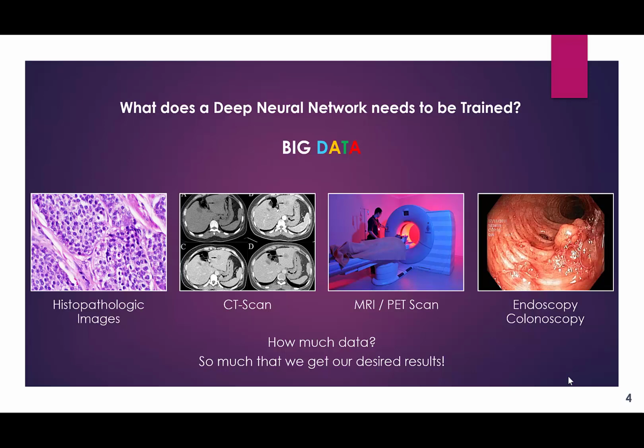As you can see, we have many types of images and data in clinical and medical sciences, and one of the interesting ones that today we also discuss is endoscopy and colonoscopy images.